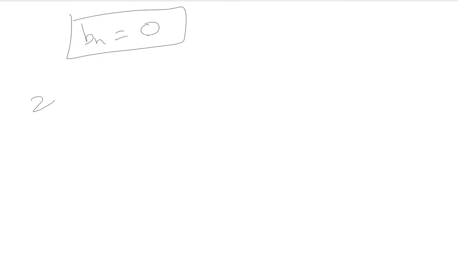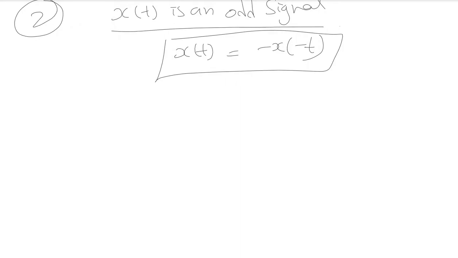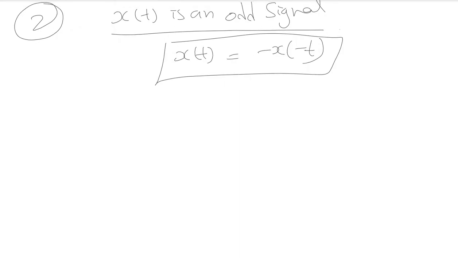So the second symmetrical condition is when x(t) is an odd signal, that is x(t) is equal to minus of x of minus t. If this condition is satisfied, or we can say graphically, an odd signal is symmetric around the origin.